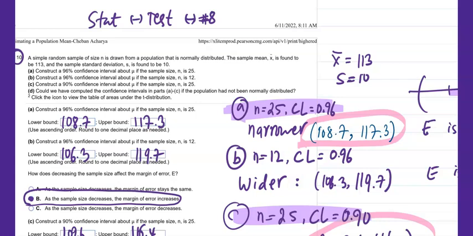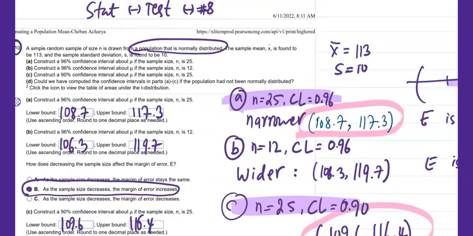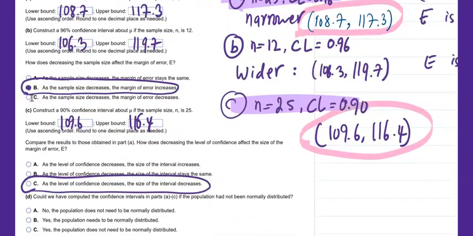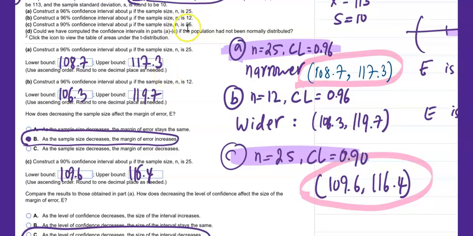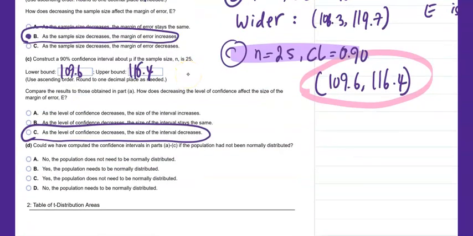The question tells you the population is normally distributed, so we are okay to construct the interval if the sample size is less than 30. So the answer is no. The population needs to be normally distributed because the sample size is less than 30 in all cases here. So the answer is D.